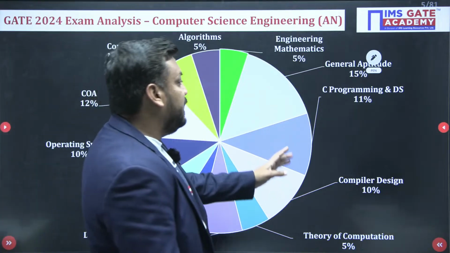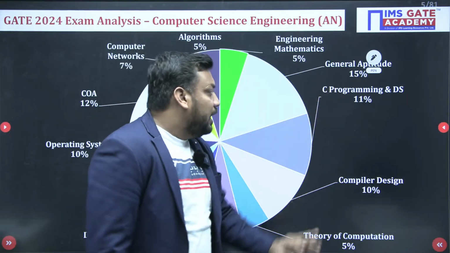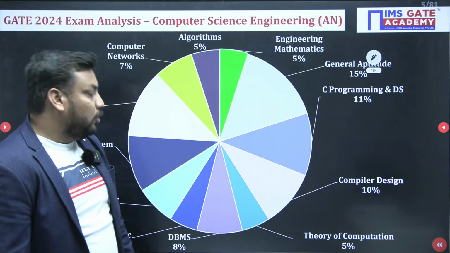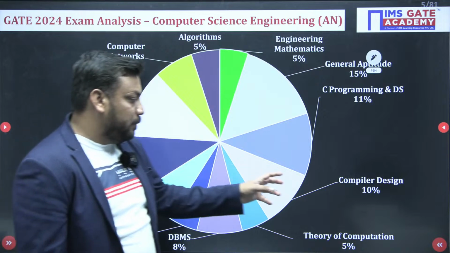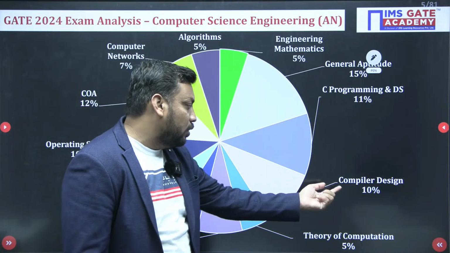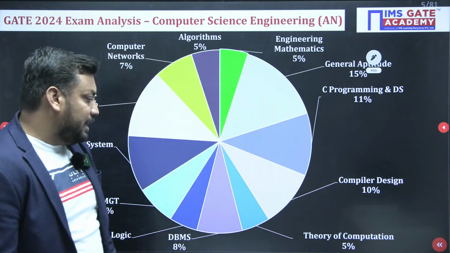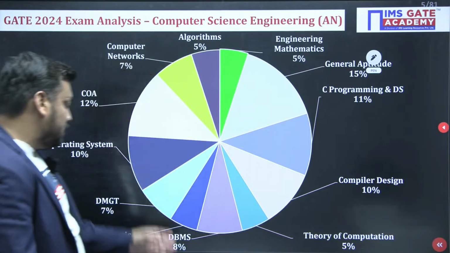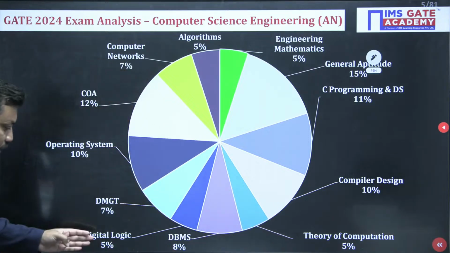C programming and data structure carry 11 marks in today's computer science afternoon session GATE 24 paper. Compiler design weightage is 10 marks, theory of computation 5 marks, DBMS 8 marks, digital logic again 5 marks.